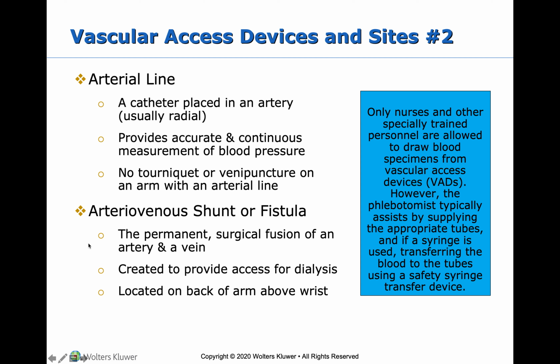Okay. So, arterial venous shunts or fistulas. These are easy to spot, but it's kind of a confusing topic, so bear with me on this. I'm going to try to explain it as best as I can. First thing I would like to say, before I explain what they are and potentially confuse you: you will never, under any circumstance, draw from an arm that has a shunt or a fistula.